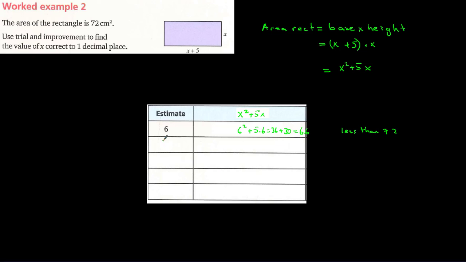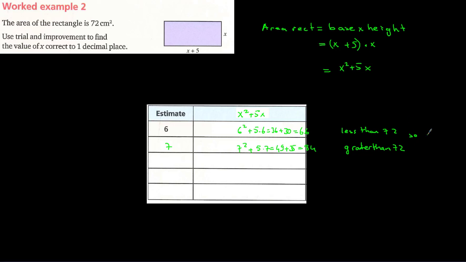If it is 7, then 7 squared plus 5 times 7 is 49 plus 35, which is equal to 84, and 84 is greater than 72. So this is important.